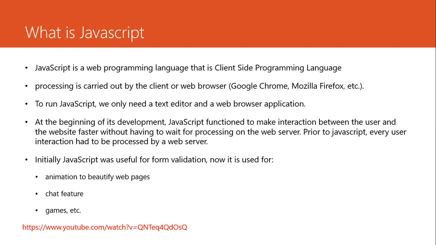So JavaScript at first was used for form validation. So if we enter data, it can check whether this is empty, or this column is required, or maybe this column must be a number, or must be text, something like that. So it's for validating the data that we input in the form.